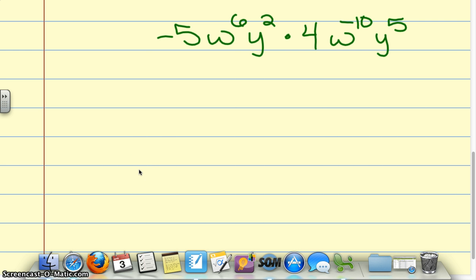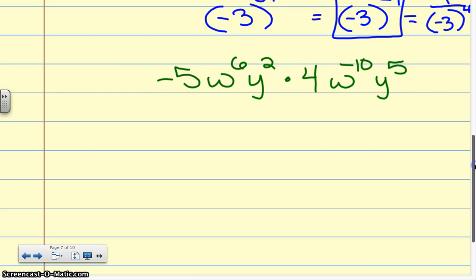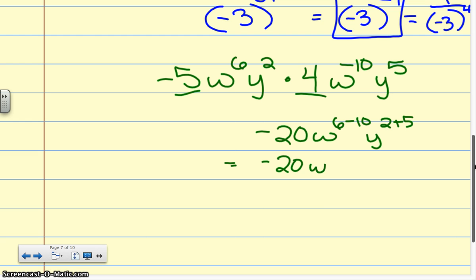When I simplify this expression, what I'm going to do is negative 5 times 4 turns into negative 20, w to the 6 minus 10, y to the 2 plus 5. That turns into negative 20, w to the negative 4, y to the 7. I had a lot of students when I was going around and checking your answers. You put that negative 20 on the bottom.